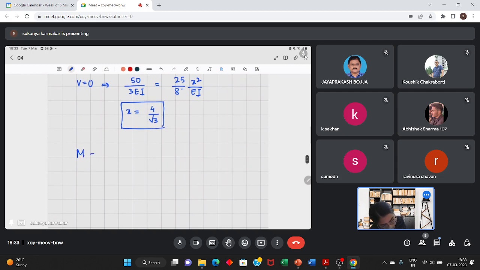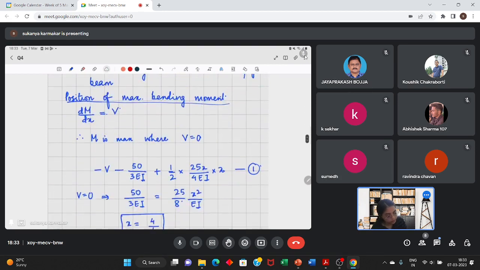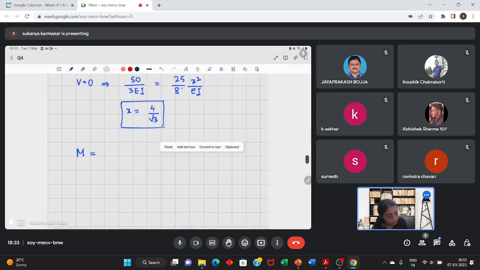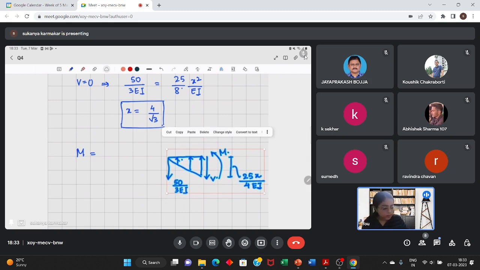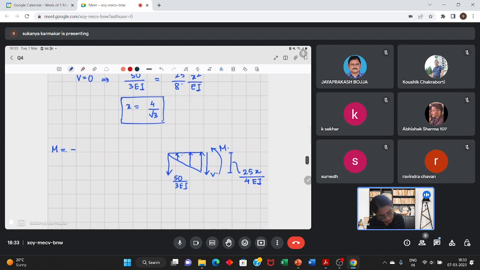Now, from this diagram, you will have to write the moment equation. So what is the moment equation? M is equal to this load 50 by 3 EI being in the downward direction, it's creating a hogging moment. So 50 by 3 EI into x.